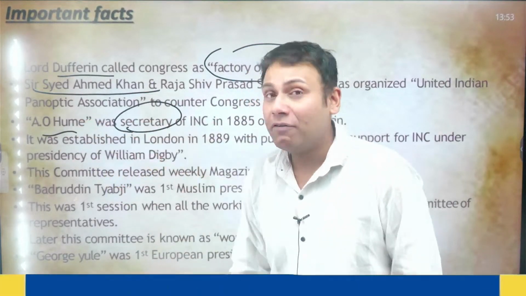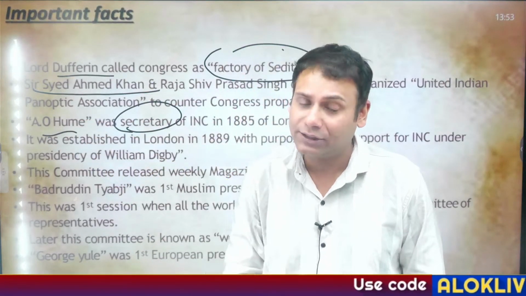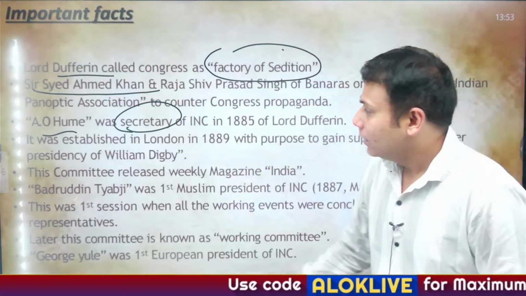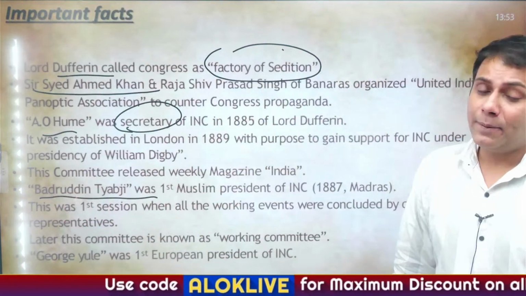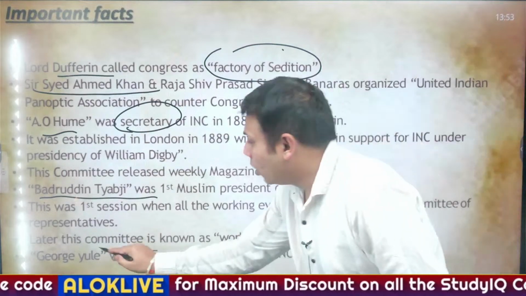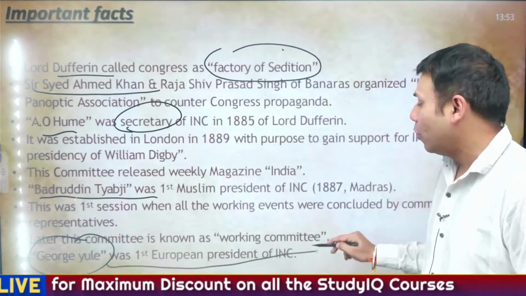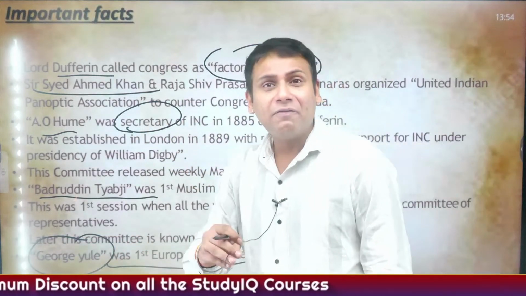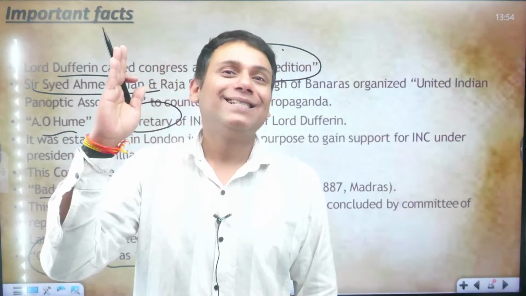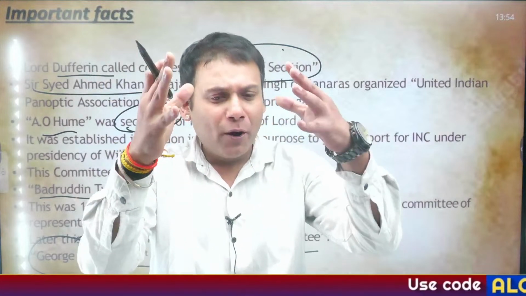He was never its president. Badruddin Tyabji was the first minority president. George Yule became the first European to preside over a session of the Indian National Congress, at the 1888 Allahabad session. Hope the points are clear till here.